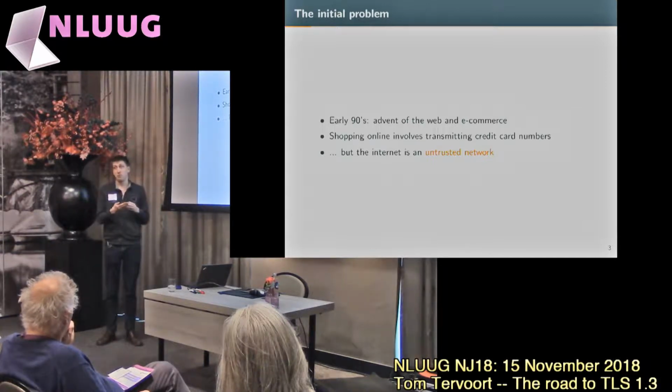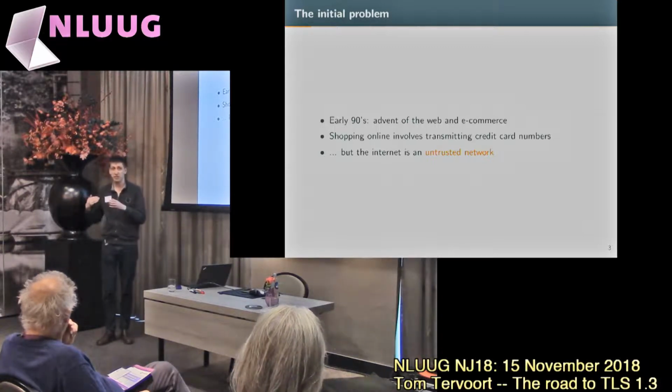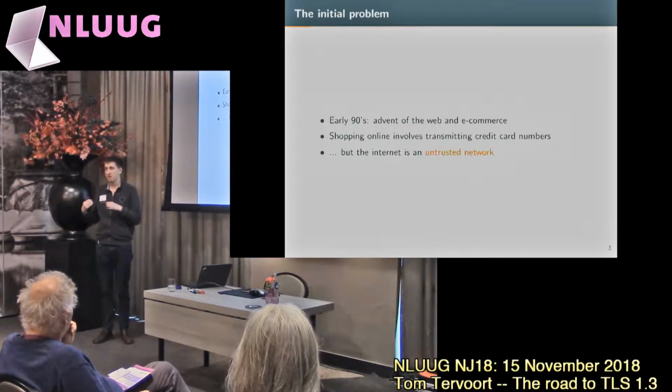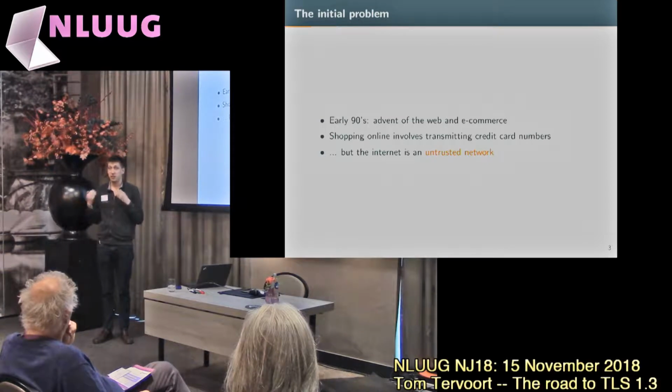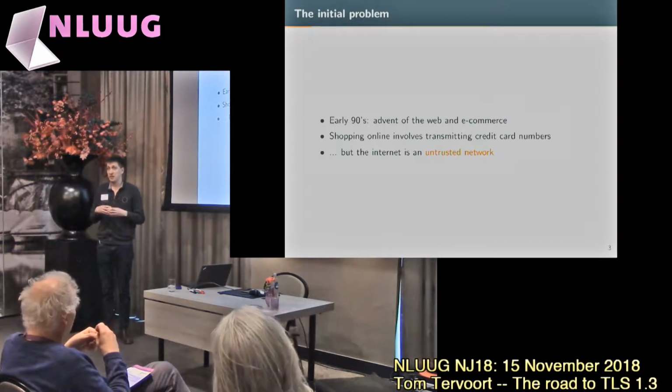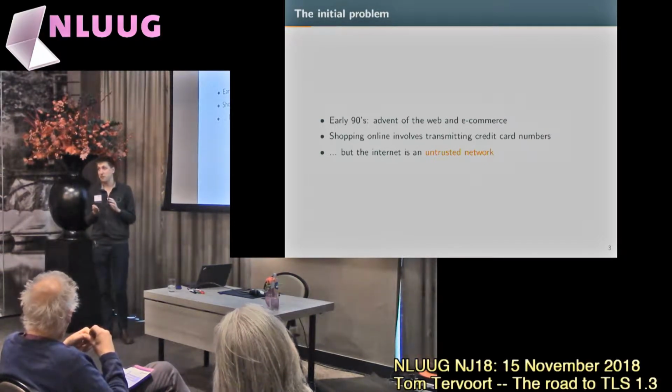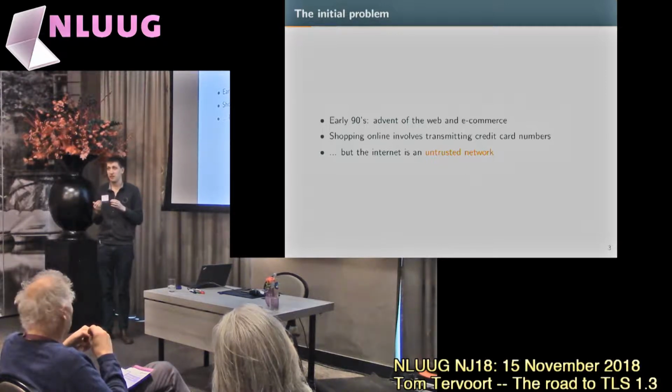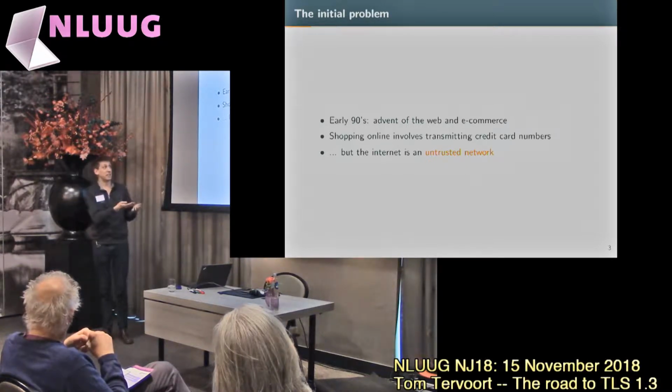But this created the problem that the internet could be seen as an untrusted network. Whenever you send a message through a website, it can be seen by ISPs, it could be inspected by local attackers. So people were a bit wary about having people transmit credit card numbers back and forth over the internet.